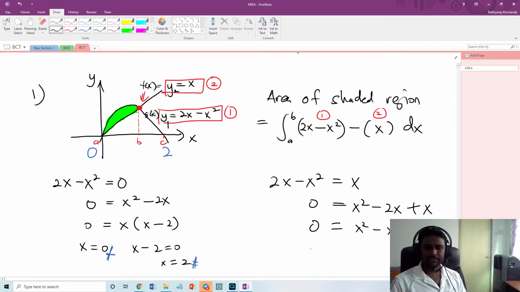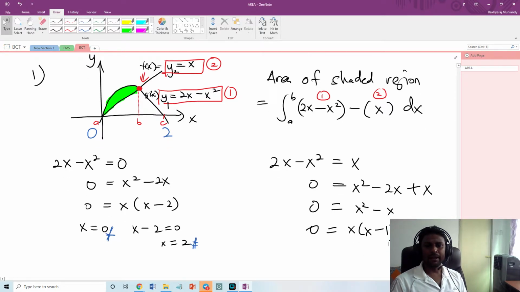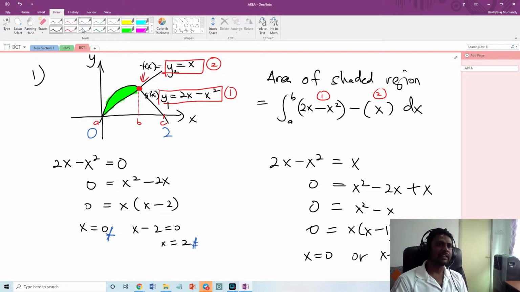Okay, what is answer? 0 equal, factor this, we get what? Yeah, correct. x bracket x minus 1. So kita akan dapat x equals to 0. We get x equals to 0. Or x minus 1 equals to 0. x equals to 1. Okay, maksudnya satu saya tahu. Okay, confirm di sini mesti satu lah.